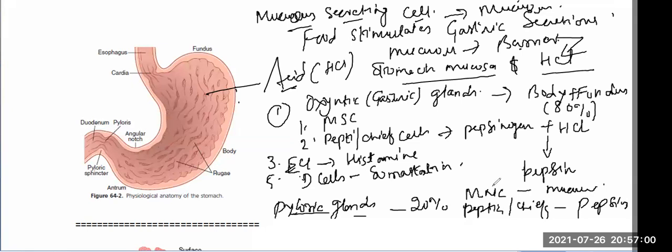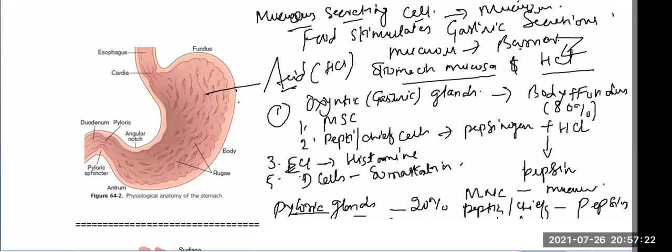Then you have, very important, G cells that secrete a hormone called gastrin. It secretes gastrin hormone that helps in the regulation of gastric secretions. How?